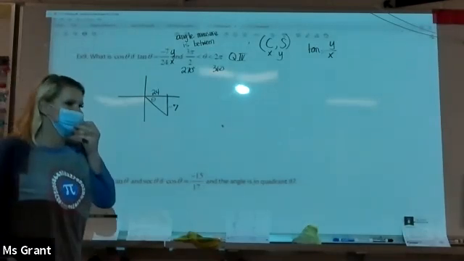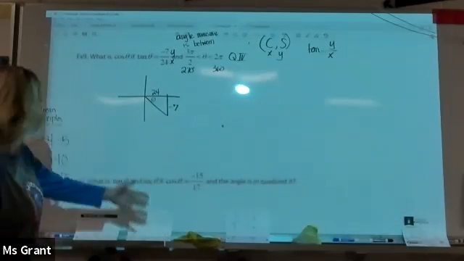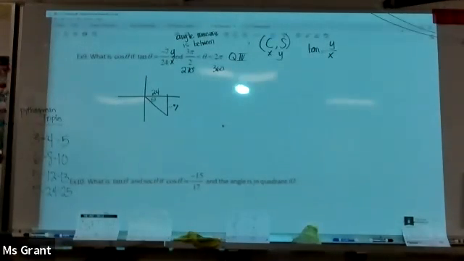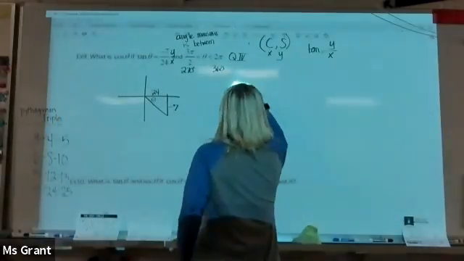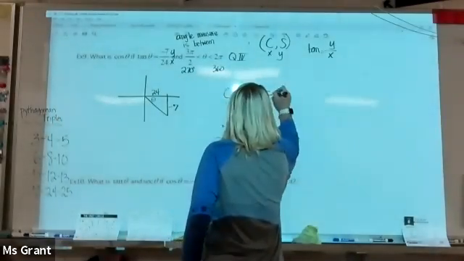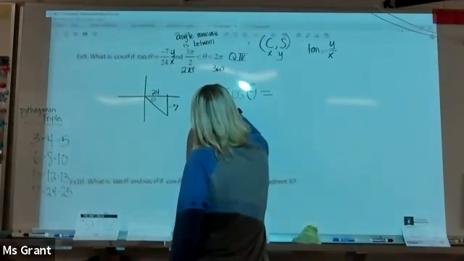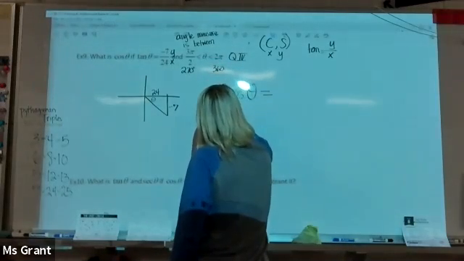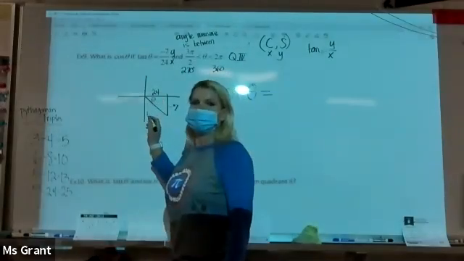What is my radius? I would have to do the Pythagorean theorem for this, or I could look at my Pythagorean triples. What's my radius? 7, 24, 25.